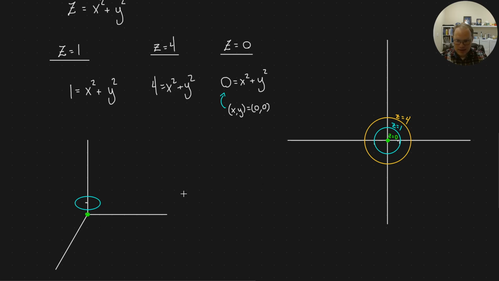Okay, and at z equals 4, which is way up here, I get another circle of radius 2. And so I start to get a picture of what's going on. Especially knowing what we know, you can see that we're going to get that paraboloid when we're done. Right?